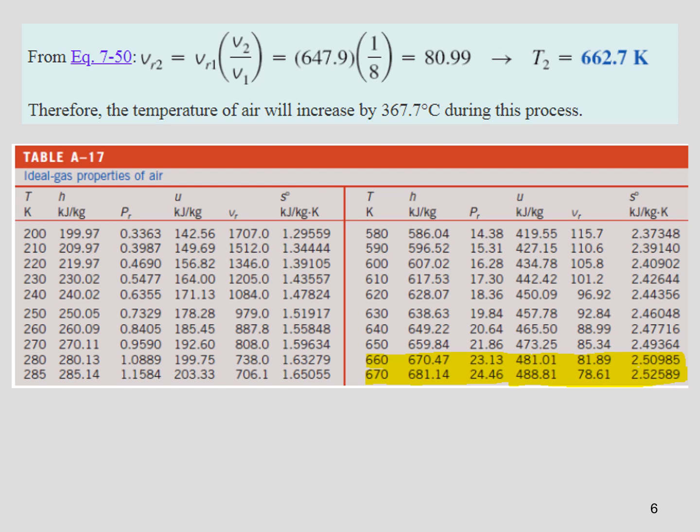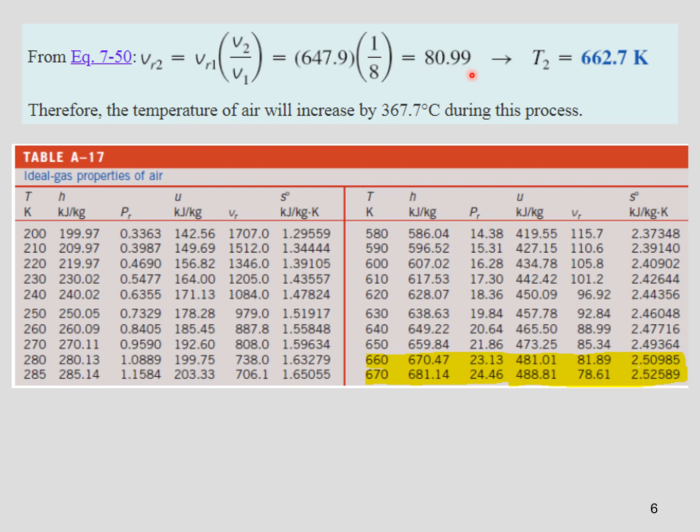Then we use equation 7-50 in the book, the one on the previous slide, where the ratio of relative specific volumes equals the ratio of the volumes. Here vr1 is 647.9 from the table, and 1/8 is the ratio of V2 over V1. When you calculate this, you get 80.99.